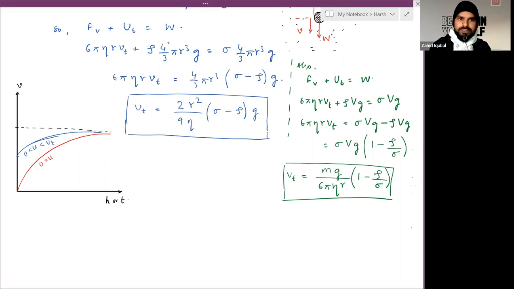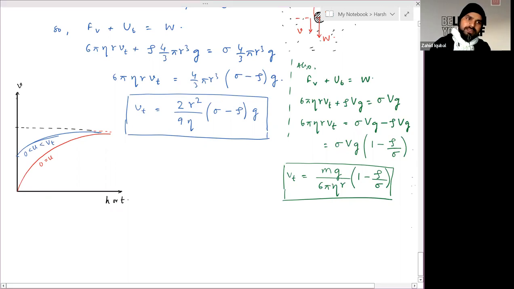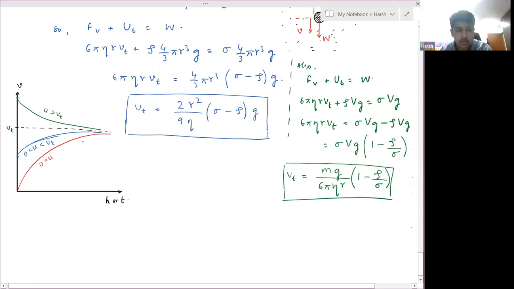Suppose a body is projected at a velocity greater than its terminal velocity, so on falling down, its velocity continuously decreases and it may further attain terminal velocity after some time or at some height. In this, initial velocity is greater than terminal velocity. So this is terminal velocity. A body may attain terminal velocity depending upon its initial value in these three different ways. Is it clear? Yes, sir.